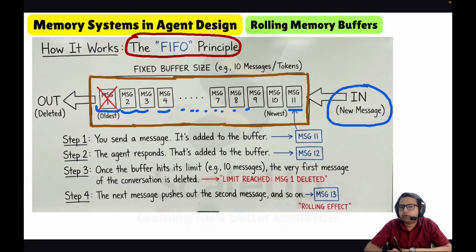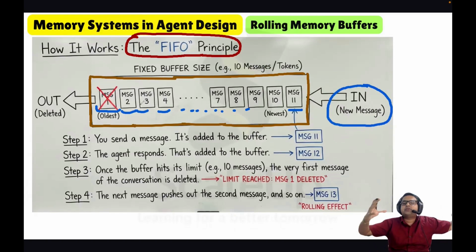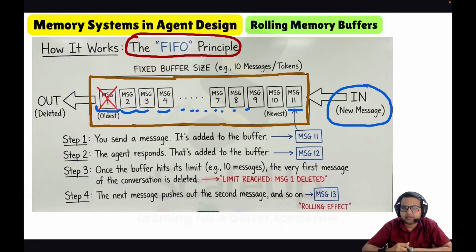In order to make room, we will flush out the oldest message. That is the FIFO principle, first in, first out. Whoever entered this buffer first will be the first to be thrown out. Message 1 will be thrown out first, then message 2, message 3, like that, and the new messages will be pushed into the fixed buffer.